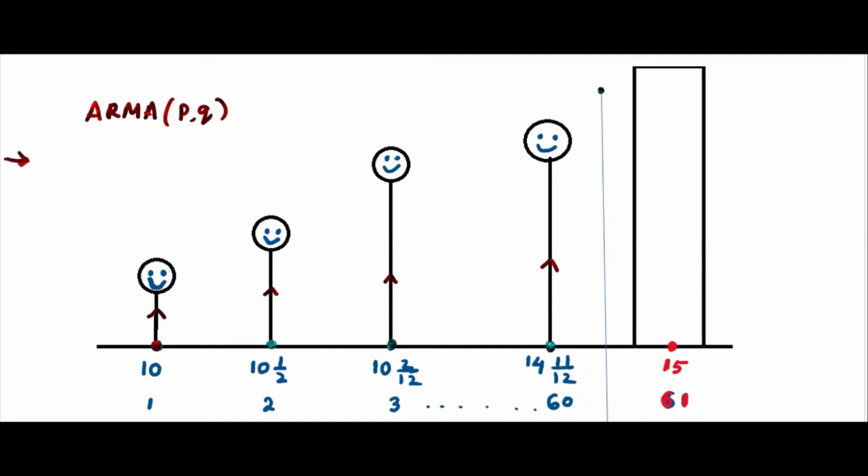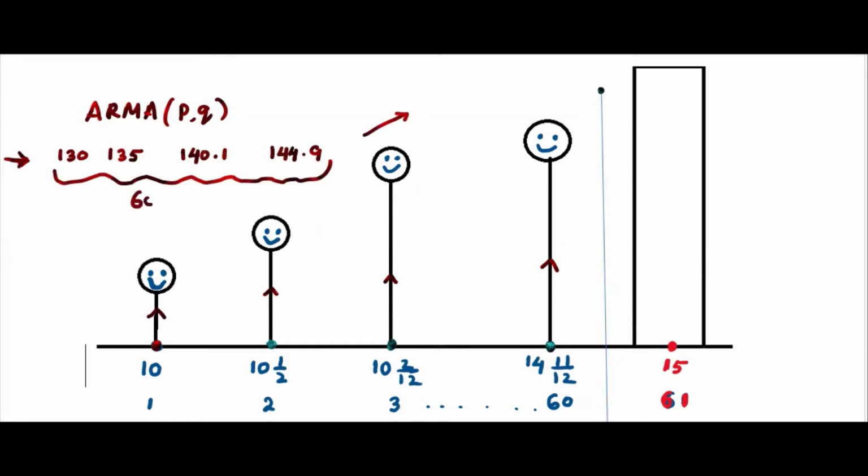Maybe I'll start with 130 centimeters, then 135, then 140.1, 144.9. That way 1, 2, 3, 4, all that you write. Then you need to predict using this data. This is 60 sample points.